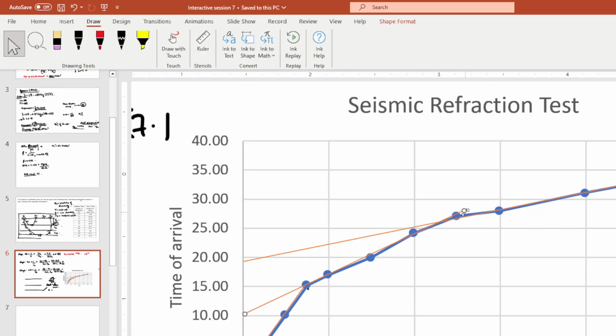So this is the 20 point and this is the 15 point. So this will be my slope, isn't it? This will be my slope. Can you see? See, this will be my slope if I take 20 and 15.